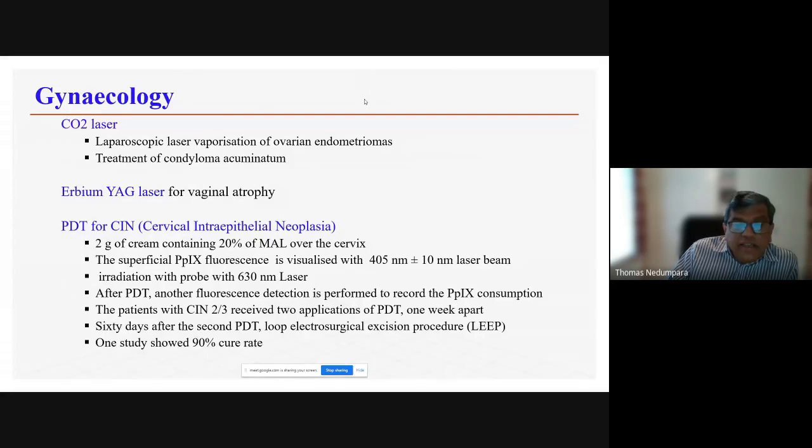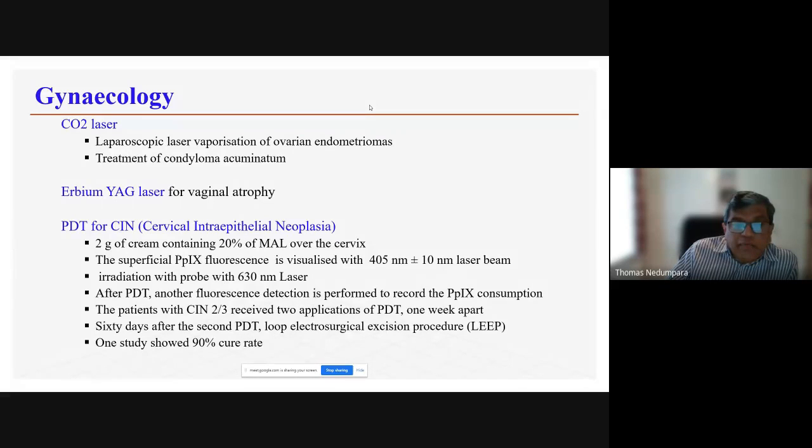And type 3 is a high-grade dysplasia and can lead to cervical cancer. Normally, we only observe CIN 1 stage, and for CIN 3, normally we use an electrosurgical excision procedure, but it has got disadvantages. Therefore, if we use photodynamic therapy to destroy cervical intraepithelial neoplasia, that will be advantageous for the patient.